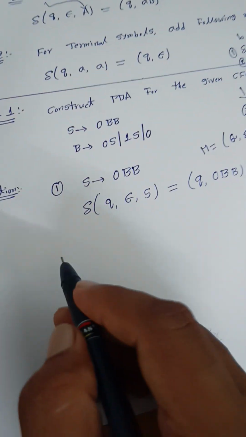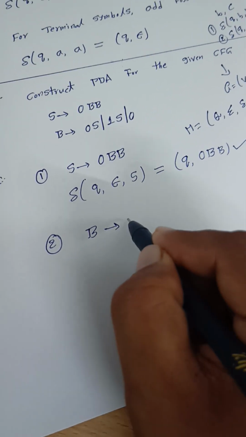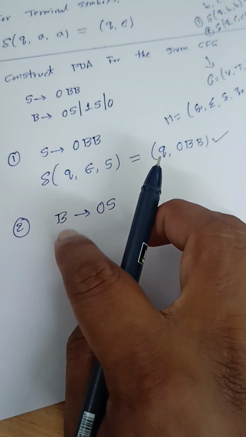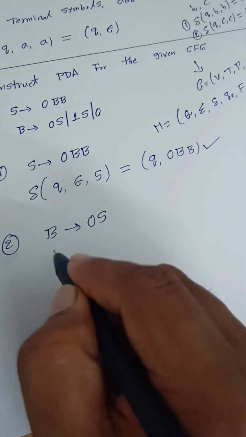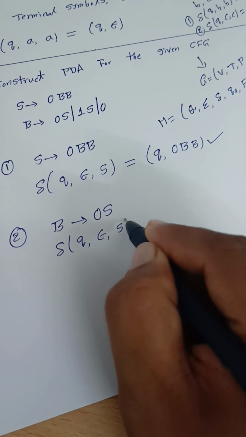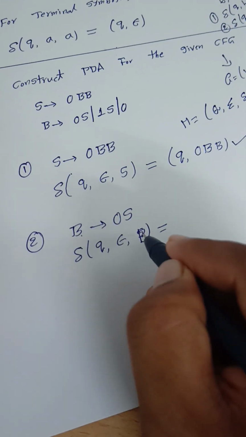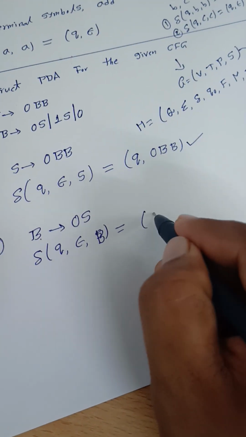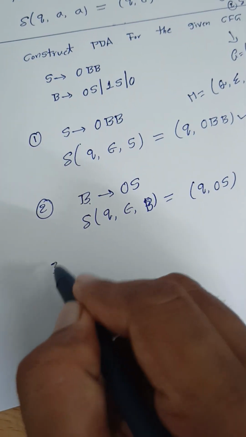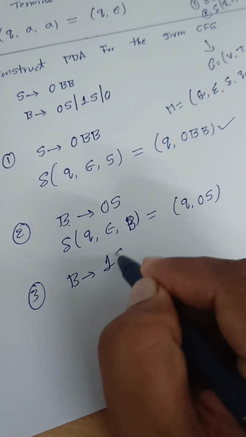Now the second production rule, B implies 0S. Here also the left hand side and right hand side are available, so we write delta of q comma epsilon comma B is equal to q comma 0S. The third production rule is B implies 1S.